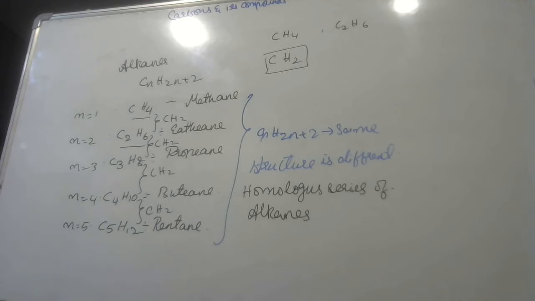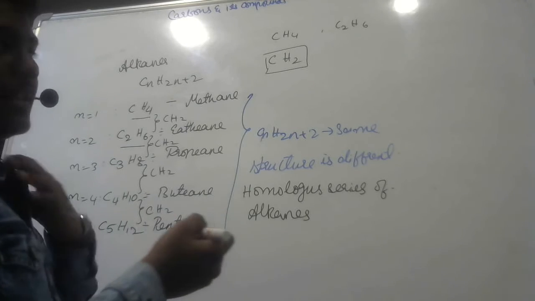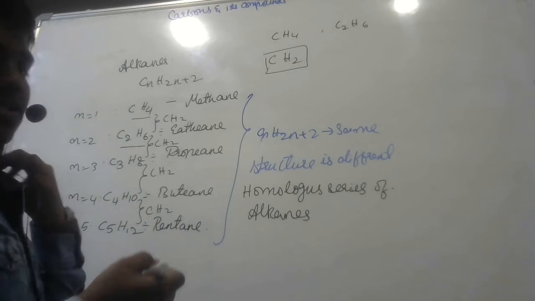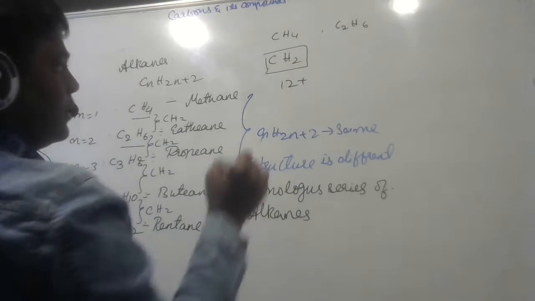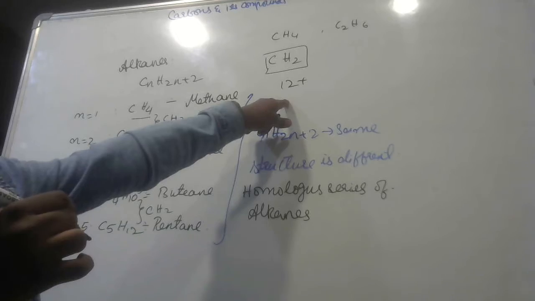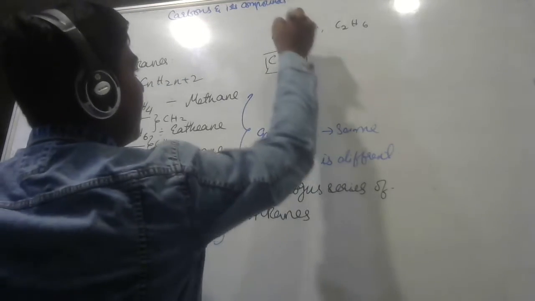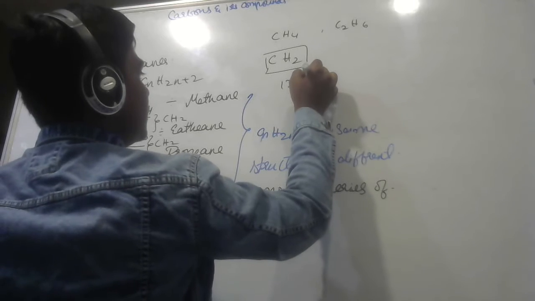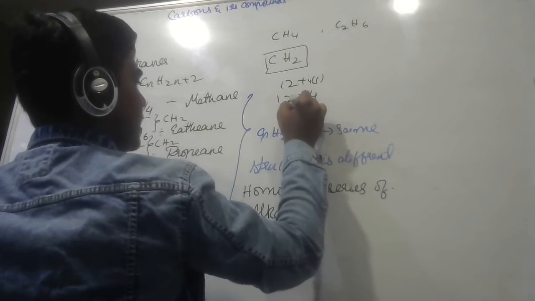Let us see the difference in the atomic masses. Let me take the atomic masses of these compounds. The atomic mass of carbon is 12, and the atomic mass of hydrogen is 1. We have 4 hydrogens here, so 4 into 1. 12 plus 4 is 16.